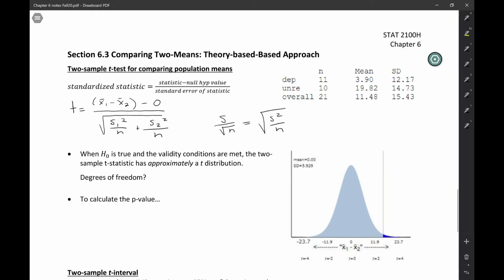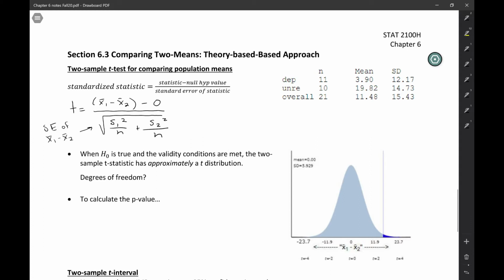Our textbook usually writes it with s over the square root of n when it's talking about one mean, and then it writes it the other way when we're talking about two means. But you don't really have to worry about that as long as you know that that's the standard error for the difference of means. So this number here is the standard error of x bar 1 minus x bar 2.